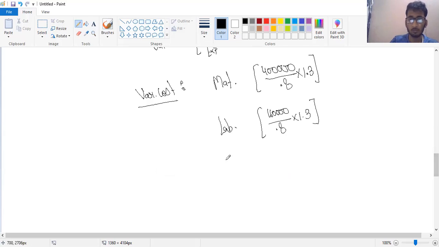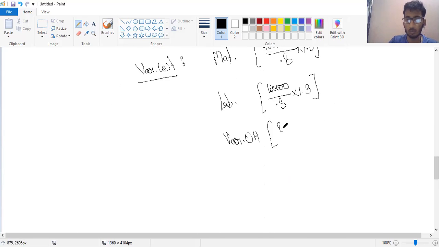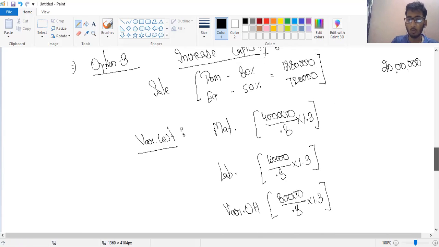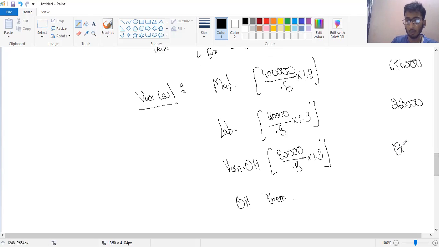For variable overhead, 80,000 denotes 80%, what would be 1.3? And the overhead premium. So basically, here it would be 6 lakh 50,000. Here it would be 2 lakh 60,000. Here it would be 1 lakh 30,000.